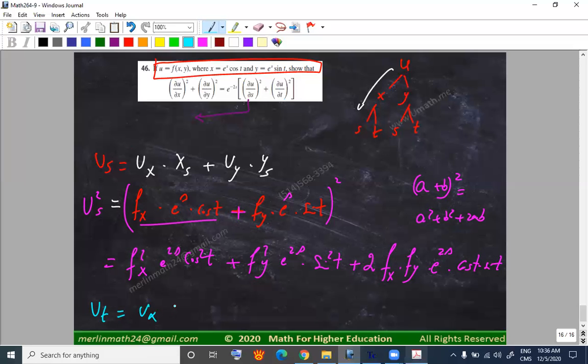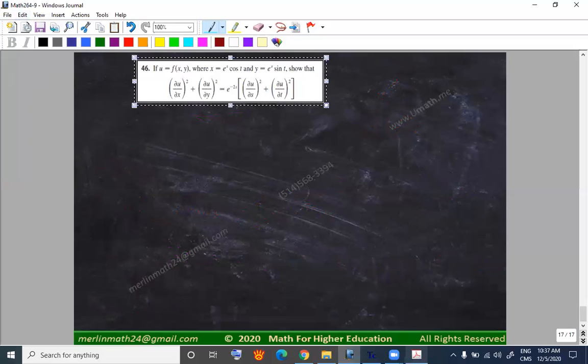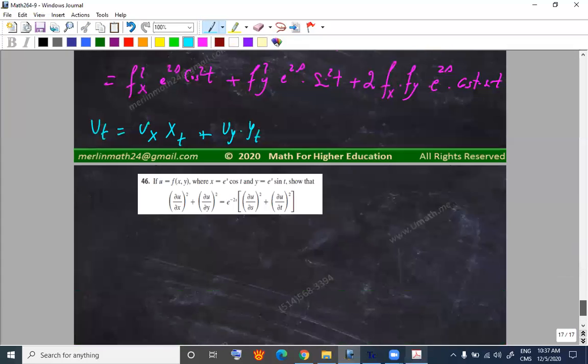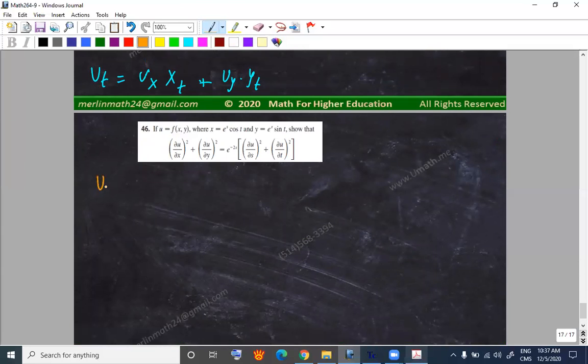So u_t is u_x x_t plus u_y y_t. u_x again is f_x. x_t is the derivative of e^s cos t, so it's minus e^s sin t. Do you agree? u_y is f_y. y_t is the derivative of the sine, the cos, so e^s cos t. Let us square it.